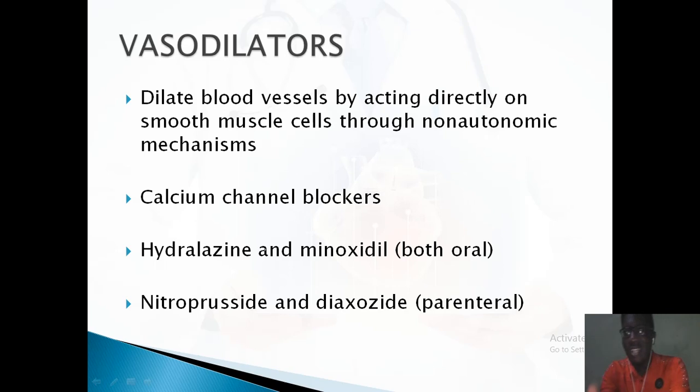So they are not acting on alpha receptors, they're not acting on beta receptors, they're not acting on ganglia, they're not acting on nerve terminals. I know it's quite hard to grasp, but just try. Okay, so there are different classes of vasodilators.